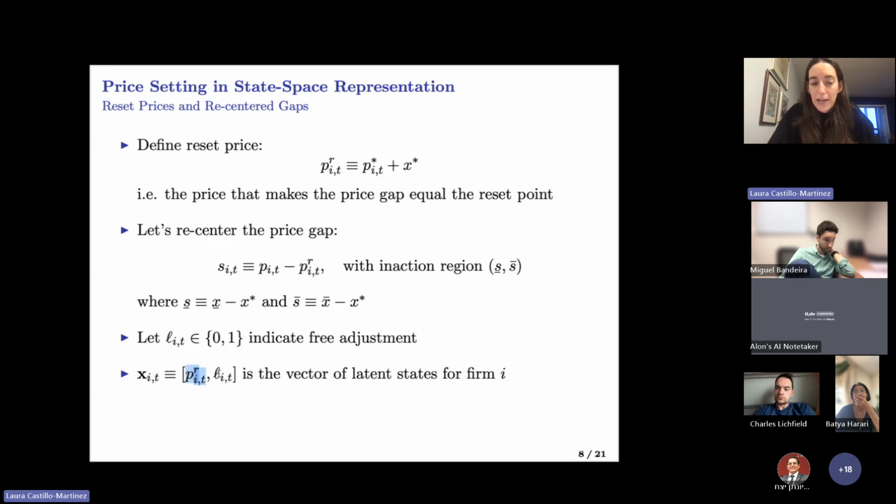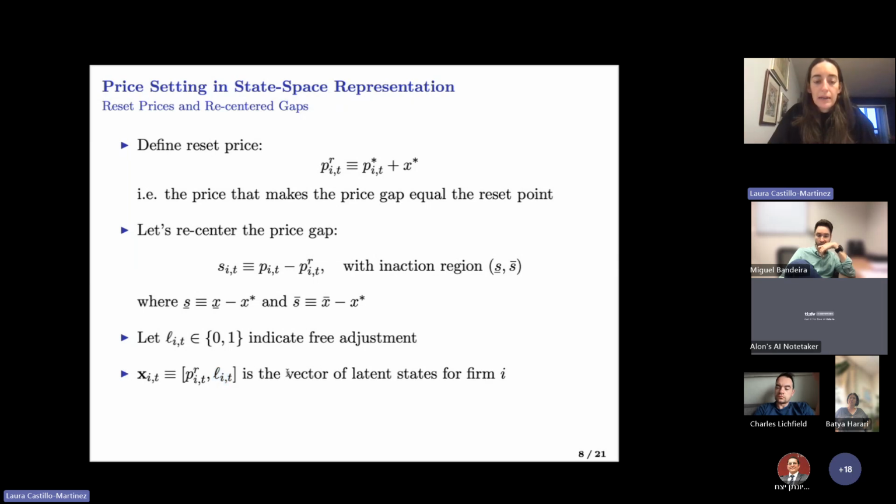That's what I'm going to try to uncover. That's the whole point of the paper. But also the free adjustment opportunity is going to be important. That's something I don't observe. I don't know whether the firm changes its price because it's free to do so or because it's happy to pay the positive adjustment cost. And that's really what is going to help me uncover this reset price.